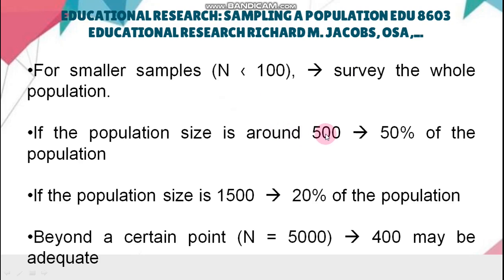If the population size is 500, the researcher may choose 50% of persons for study. If the population size is less than 1500, 20% of the population can be used for study. If the population level is beyond that, 5400 is enough for study.